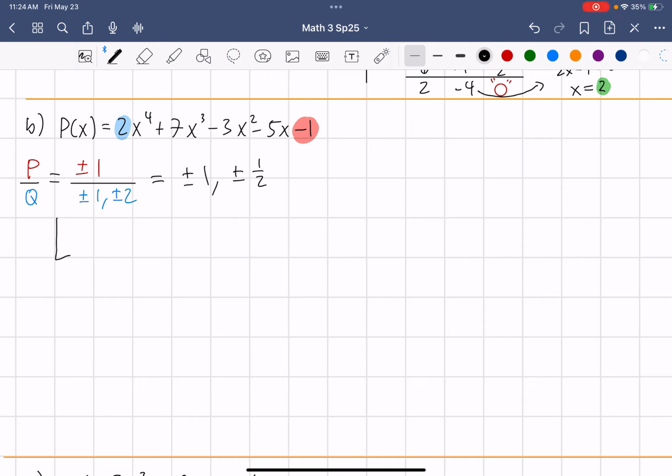So here, I'm going to make my synthetic division. So 4, 3, 2, 1, 0. There's no missing terms. So I'm just going to use the coefficients. 2, 7, negative 3, negative 5, negative 1. And like I said, for the sake of time, I know the zeros. So I'm going to start with 1.